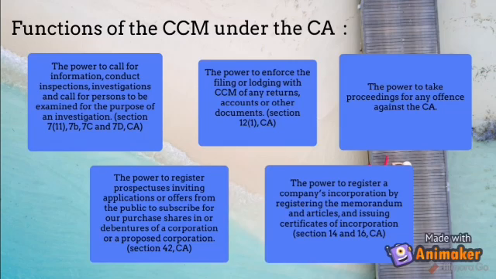The power to take proceedings for any offense against the CA. The power to register prospectuses inviting applications or offers from the public to subscribe for or purchase shares in or debentures of a corporation or a proposed corporation, Section 42, CA. The power to register a company's incorporation by registering the memorandum and articles, and issuing certificates of incorporation, Sections 14 and 16, CA.